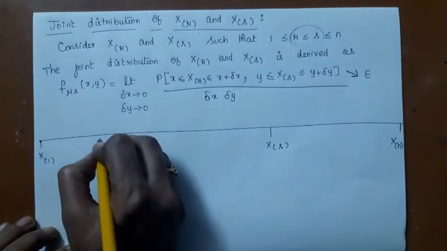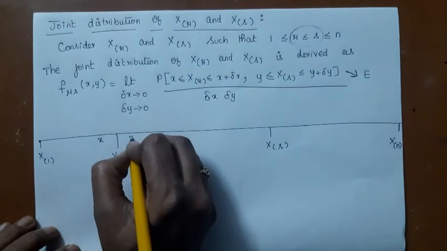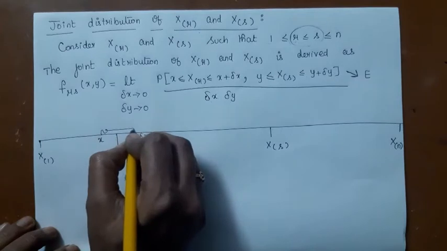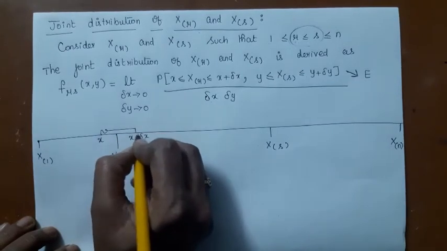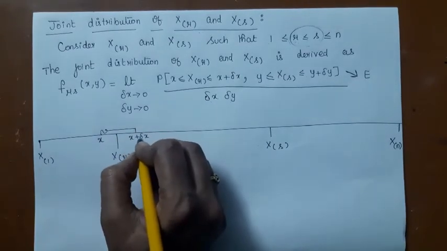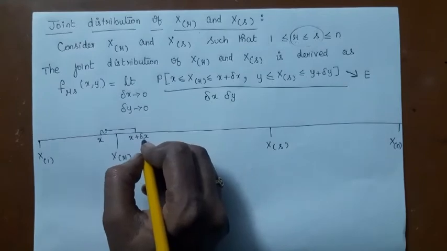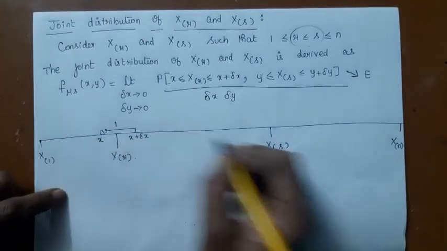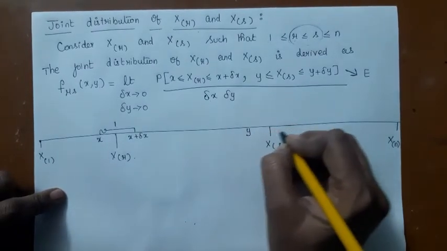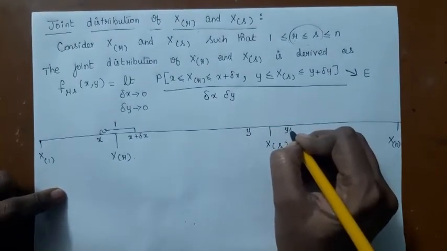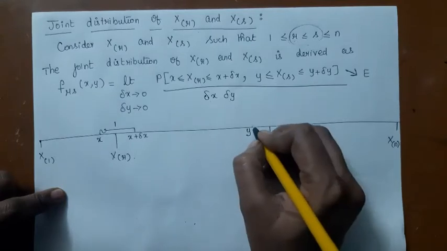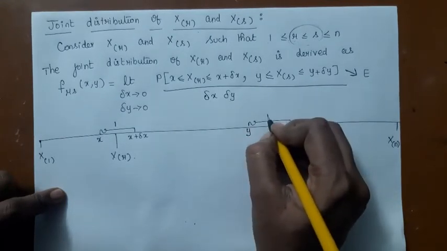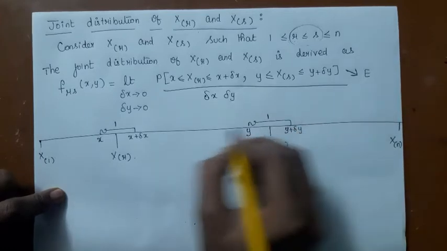X_R lies between x and x plus delta x, this very small interval, where delta x is a very small number. Between this interval, only one value lies. And X_S, the sth order statistic, lies between y and y plus delta y. Between these two values, only one value lies.